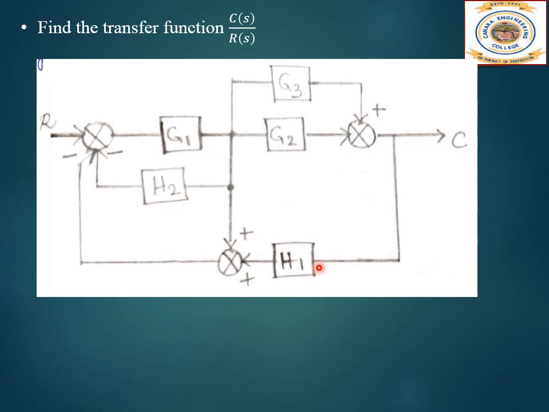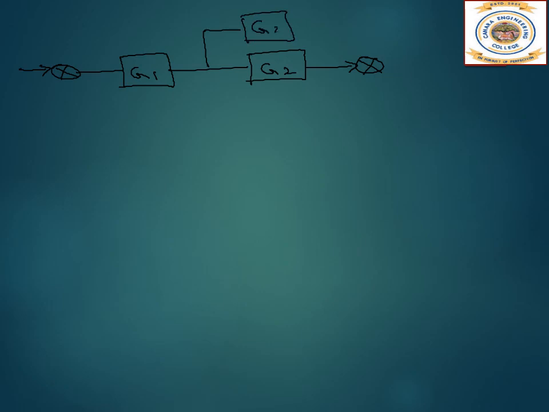So we'll just redraw this, then we will start with the solution. Let me redraw this with the split-ups. We have the summation point, then we have G1, and here we have G2, then the summation point over here, then this is G3.